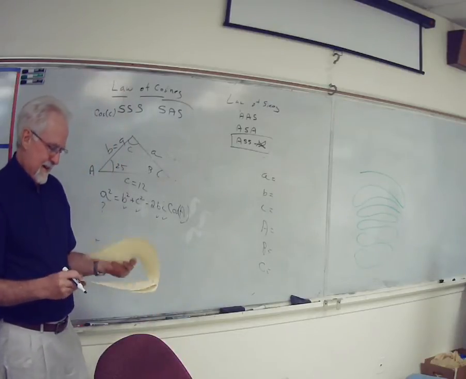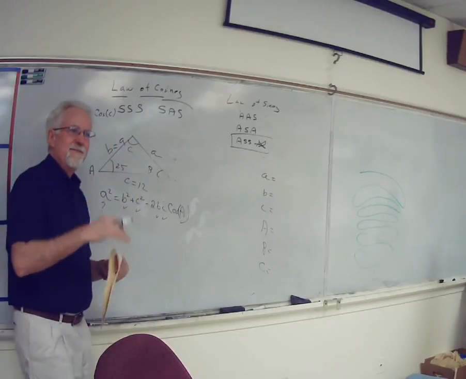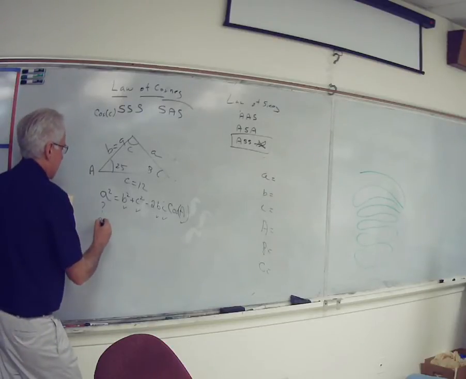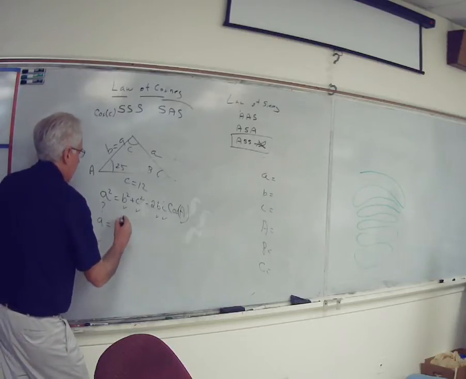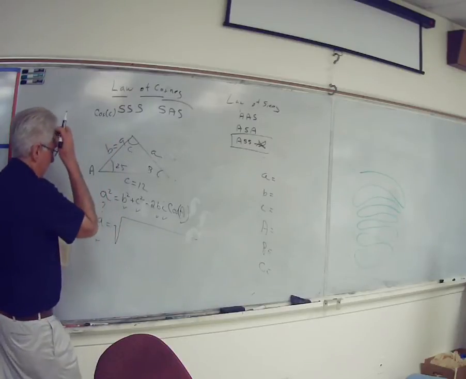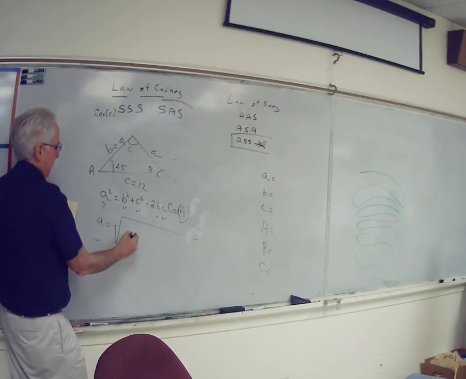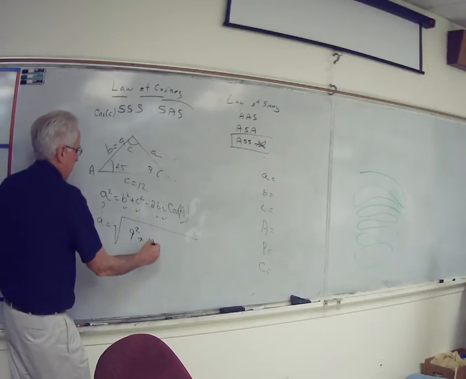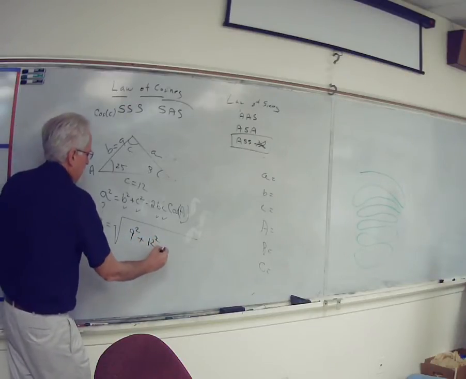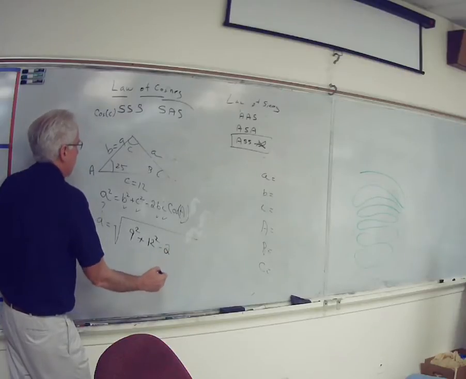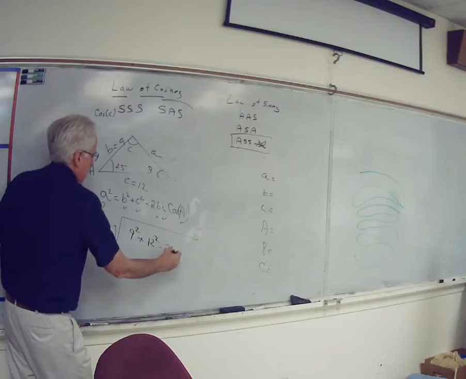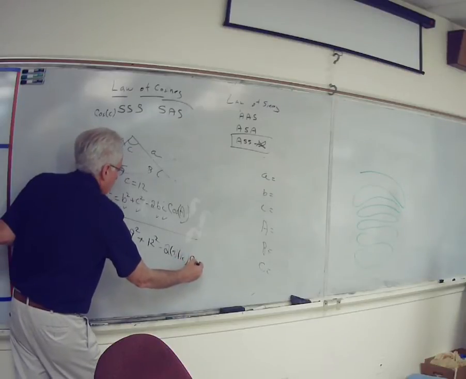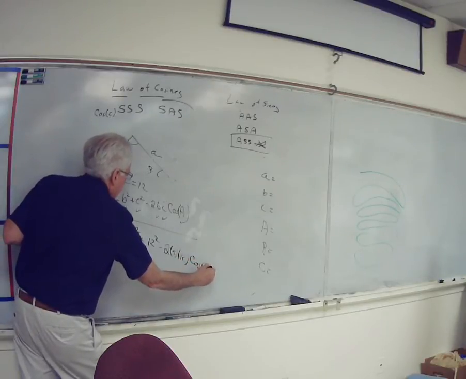So let me finish the problem here and make sure I'm doing it right. So we'll say a is equal to the square root of, okay, what's b? 9 squared plus 12 squared minus 2 times 9 times 12 times cosine of 25.